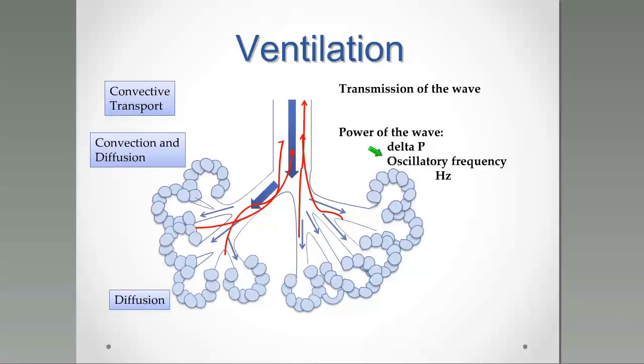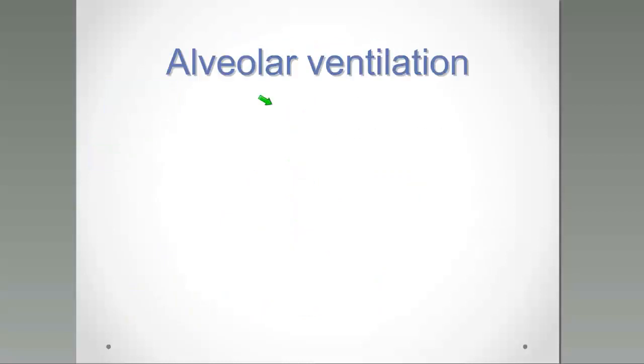Because diffusion is the most important mechanism of gas transport, we have to remember that probably in inspiration there is a continuous gas flow into the lung, and the gas surrounding these areas of the trachea and the bronchi is going to come out of the lung in the peripheral area. So probably during high frequency ventilation we have a continuous flow in through the middle of the airway, and a continuous gas flow out from the peripheral areas of the airway.